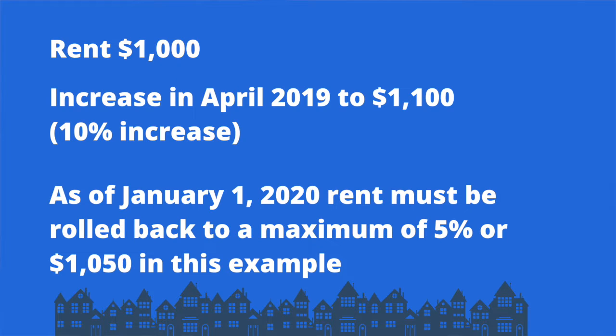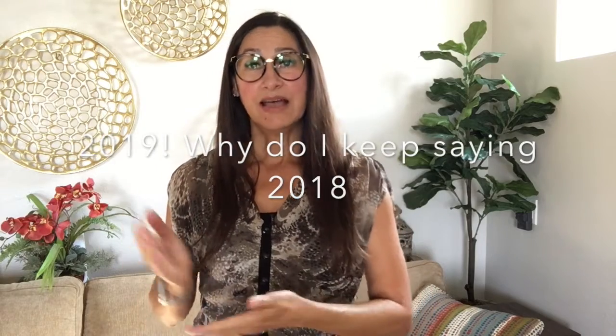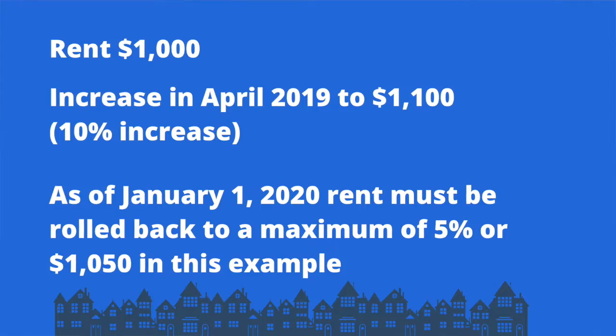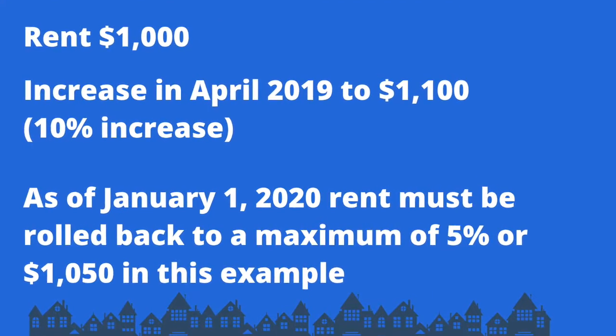So what does that mean? Let's go over a quick example. Let's say your tenant had a rent of $1,000 and you increased it by 10%. So now their rent is $1,100. And that happened in April of 2018. As of January 1st, the rent must be rolled back to the 5% maximum allowed.